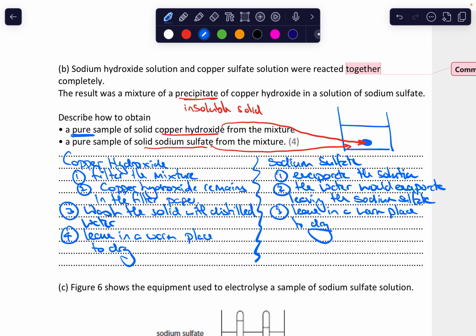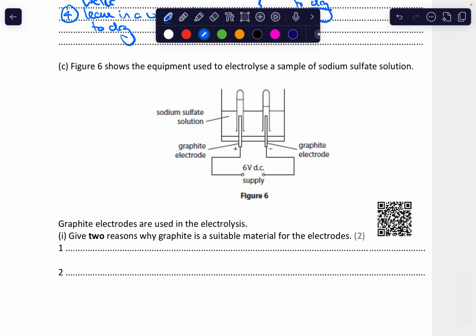Okay, next bit down, this figure here shows how we do some electrolysis of the sodium sulfate solution. Give 2 reasons why graphite is a suitable material for the electrode. Number one, graphite conducts electricity.